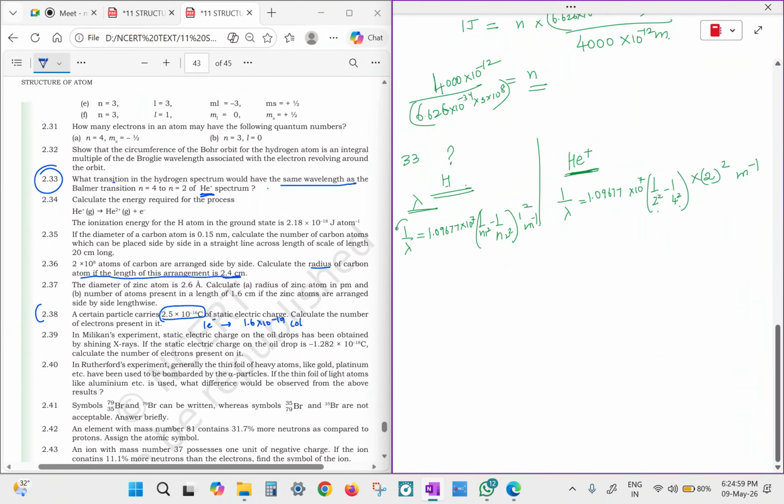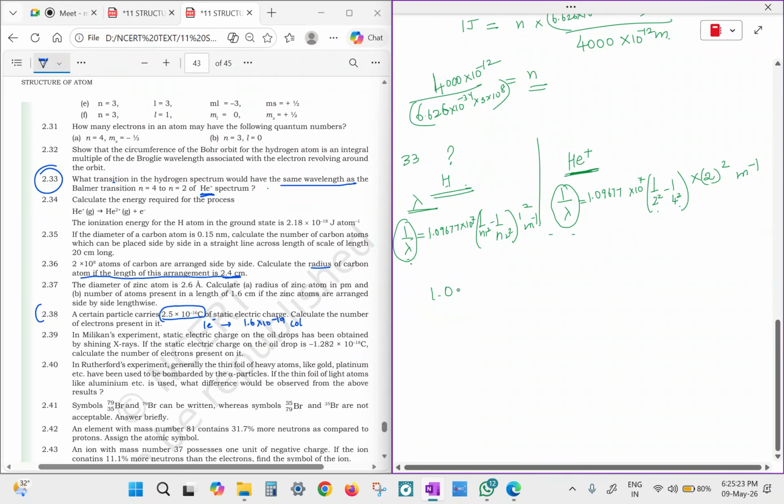That means 1 by lambda of hydrogen is equal to 1 by lambda of helium. If the left hand sides are equal, the right sides can also be equated.